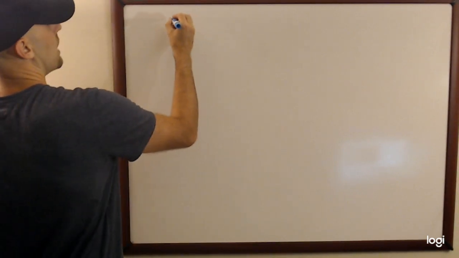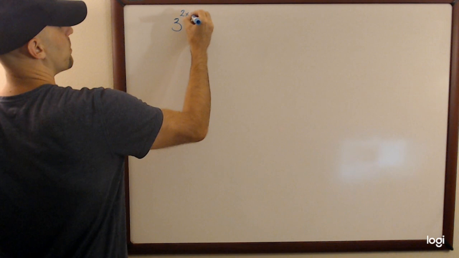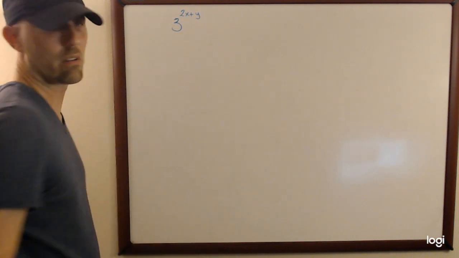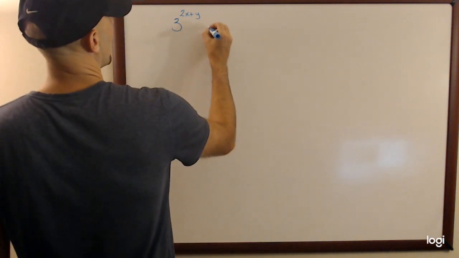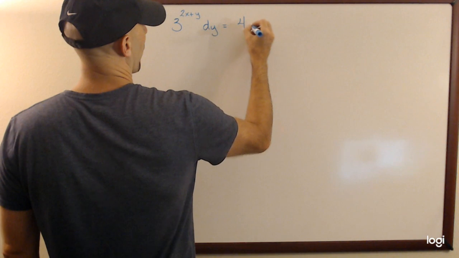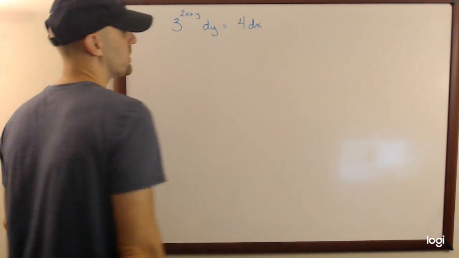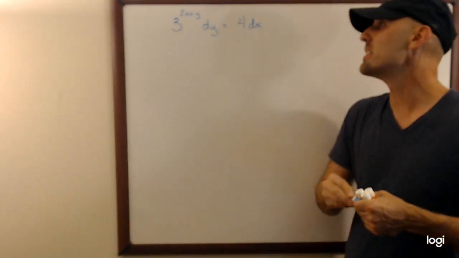So let's say we have 3 to the 2x plus y power dy is equal to 4 dx. Okay, so again, this is separable.